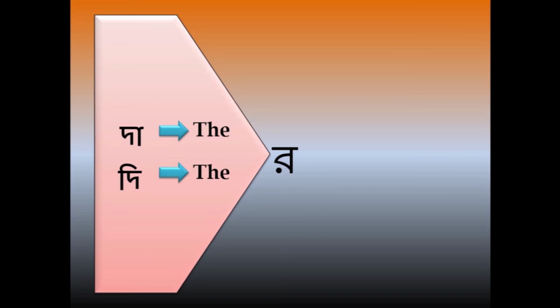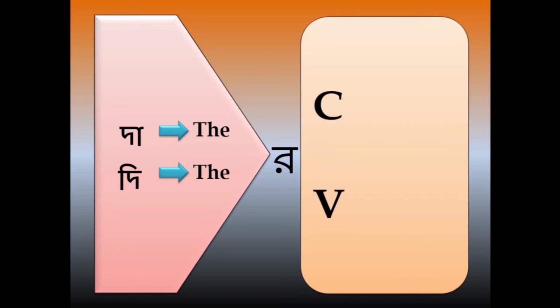So in Bangla, dadir, CV. C means consonant and V means vowel. So now we can say that when we have found consonant, then it will be the, and when you will find vowel, then it will be the.